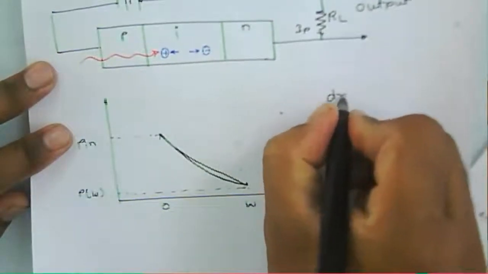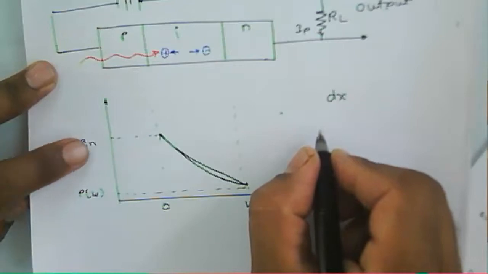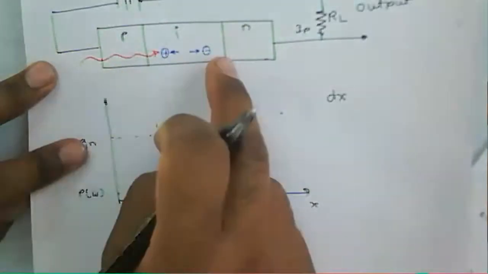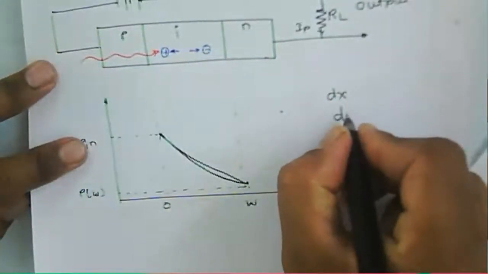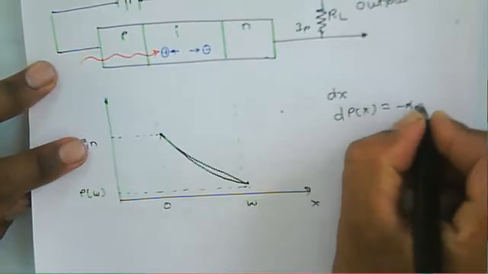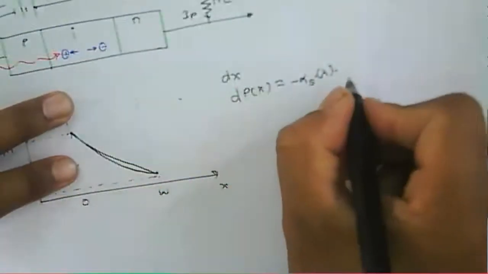So the incremental distance we say is delta x here. Because of that incremental change in the optical power, we can write dP of x, and that will depend upon alpha s, that is lambda, and P of x.